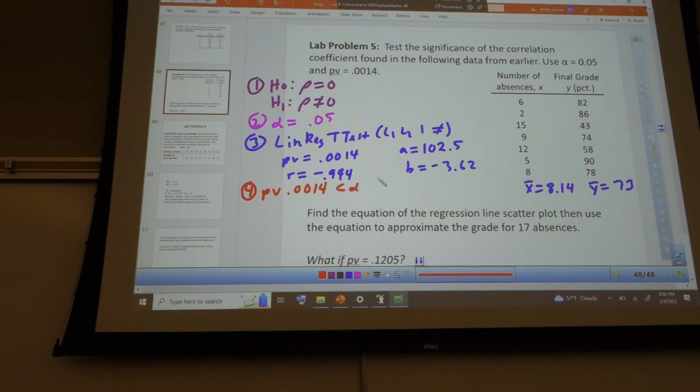It's definitely less than alpha, so you're going to reject H naught, which means is it a line or not a line? It's a line, which means that in step 5, there's enough evidence.